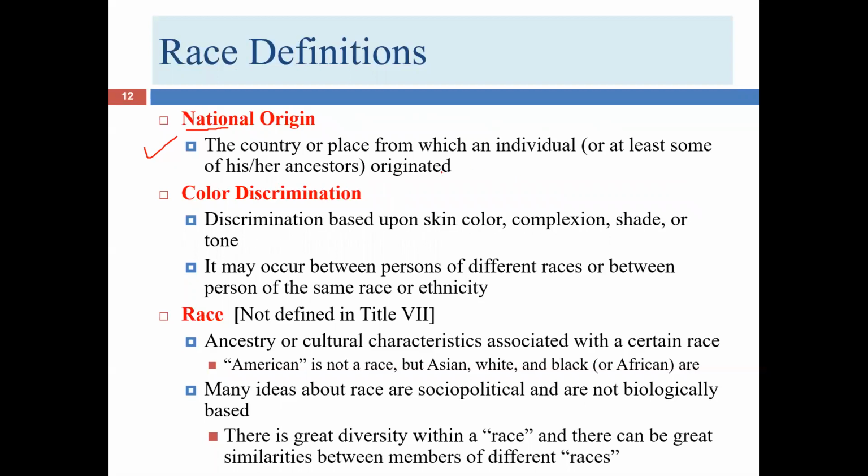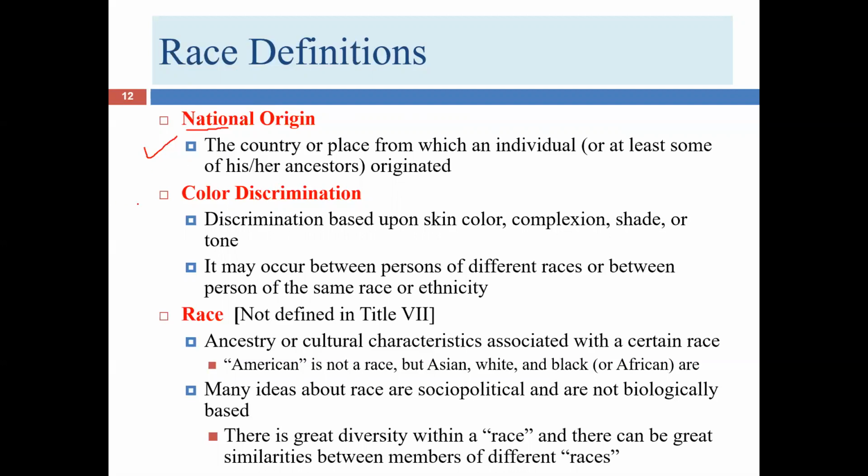And of course, the person could be a native-born American born within the 50 states, but maybe his or her ancestors are from another country. It doesn't have to be 100% of ancestors. It could be some subset of those ancestors. That would be how the term national origin is understood. Again, we'll have a whole module on that.